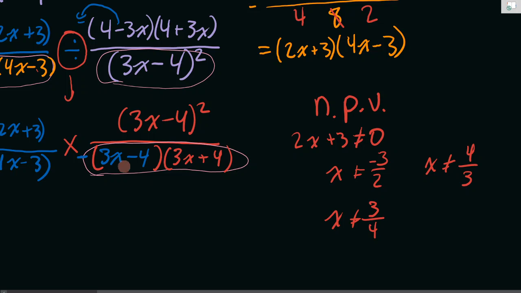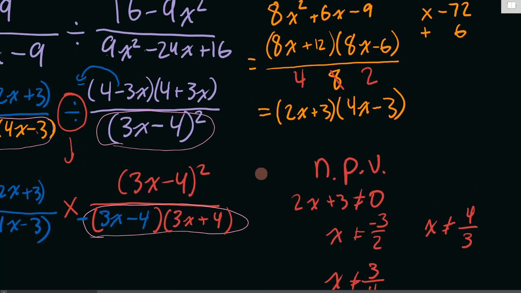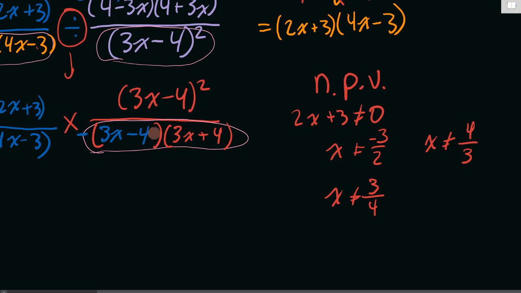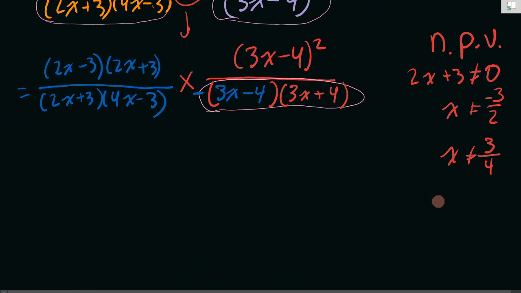And then down here, oh, this is the same thing again. It wasn't obvious when it was reversed with the negative 3x, but since it's literally the same thing, we already have that restriction. So our last one is x cannot equal negative 4 over 3. Those are our restrictions, our non-permissible values. We'll remember those and put them back at the end.